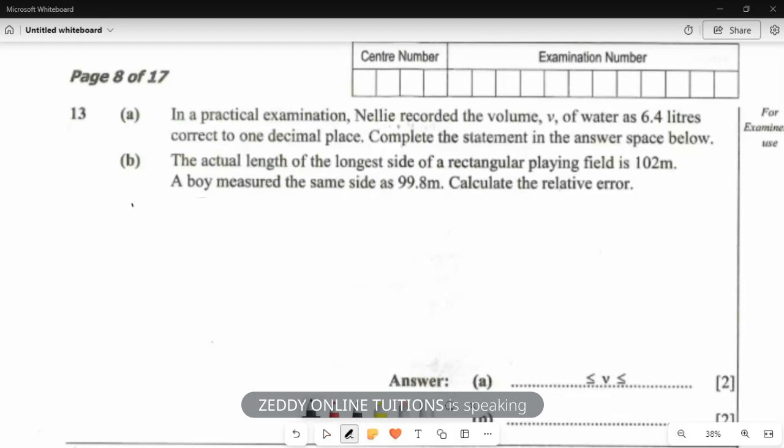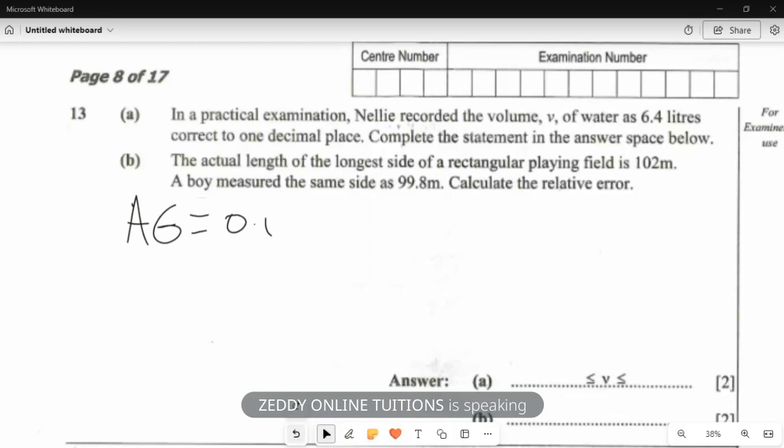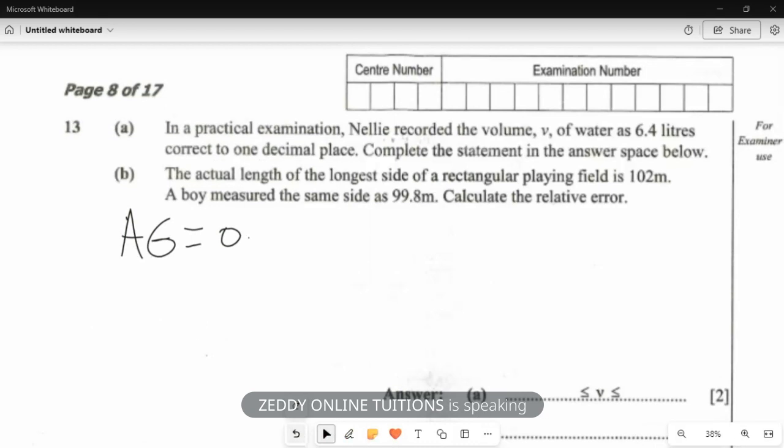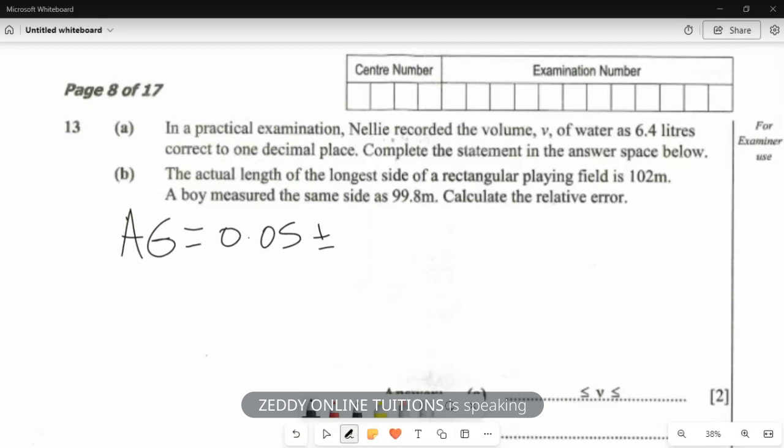In this case, our absolute error is 0.05. Yes, 0.05. So now what we are going to do is we are going to say plus or minus.